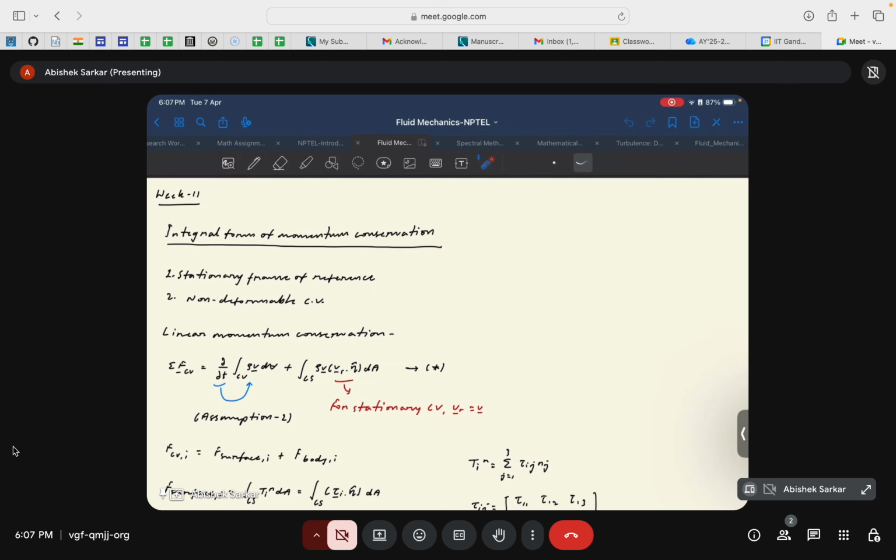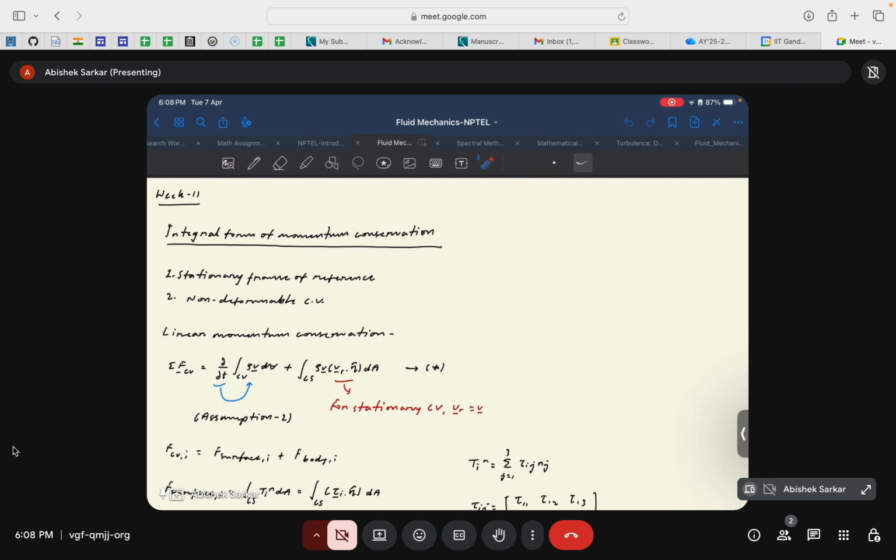Of course, we already did in the previous discussions, but now we will try to impose some specialized scenarios by which we can simplify the momentum conservation equation, or I think the appropriate word would be to make it more familiar, with the terms that we already know, such as velocity and the velocity field. Let us see why it is important to make the Navier-Stokes equation a bit more familiar, so that solving it becomes less cumbersome. So that's the motivation.